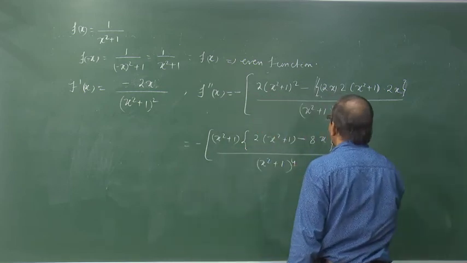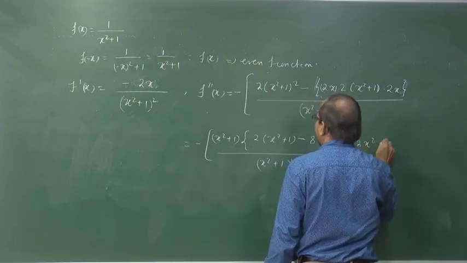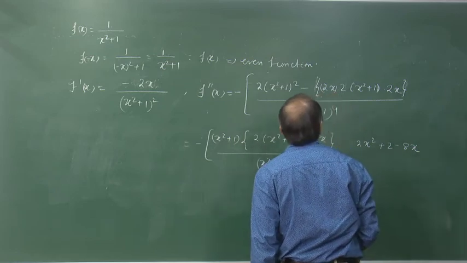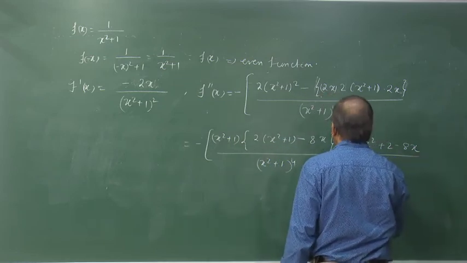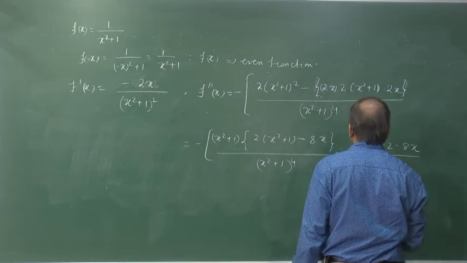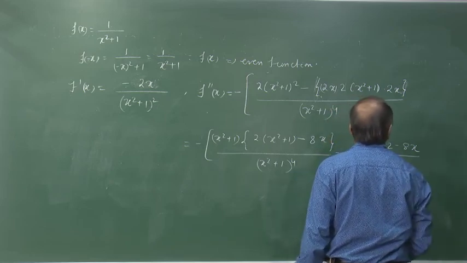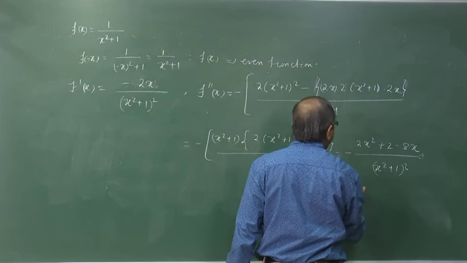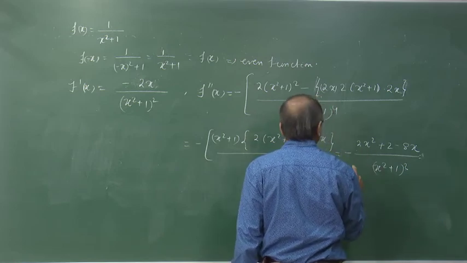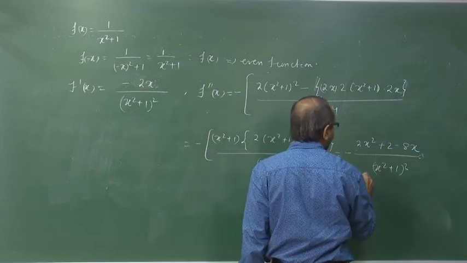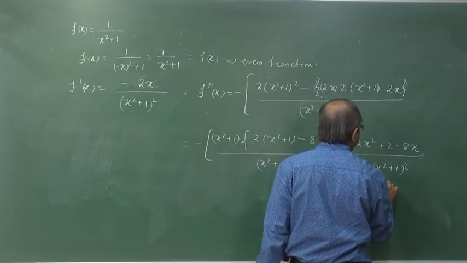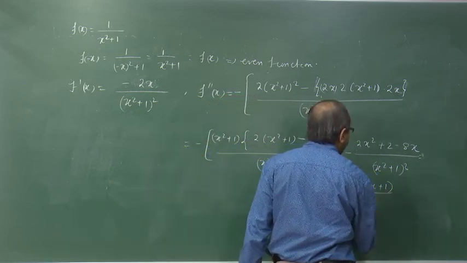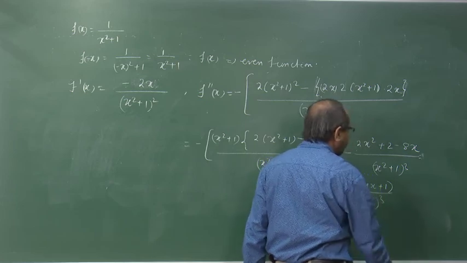Obviously, this will cancel and it will be 2x square plus 2 minus 8x divided by x square plus 1 whole cube.